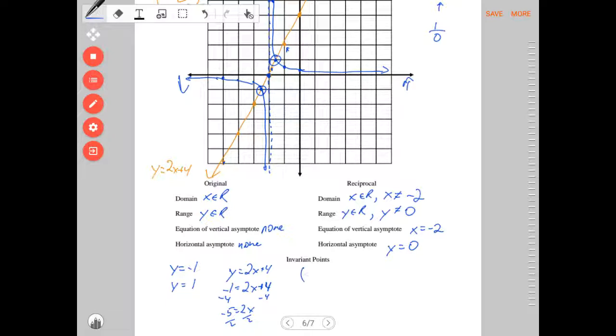So that's what the x is. So negative 5 halves and negative 1. Did I do that right? I think so. Negative 5 divided by 2. So remember, that's negative 2.5 and negative 1. There we go.